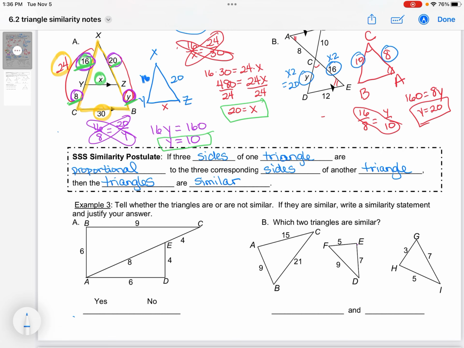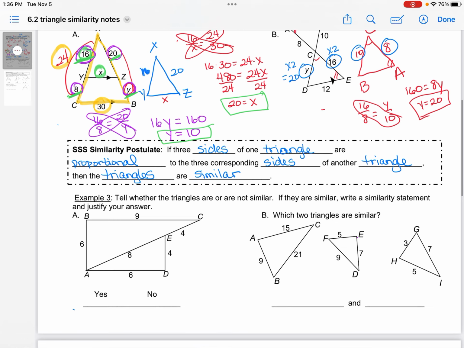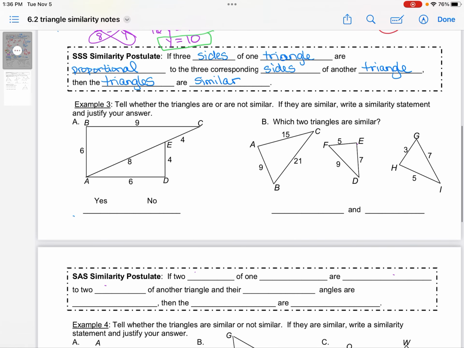Okay, so we're going to do yes or no similar. Okay, so similar or corresponding sides. We're going to assume that's a right angle, or at least those 2 angles are corresponding. Little angle, little angle. Bigger angle, bigger angle, medium angle.